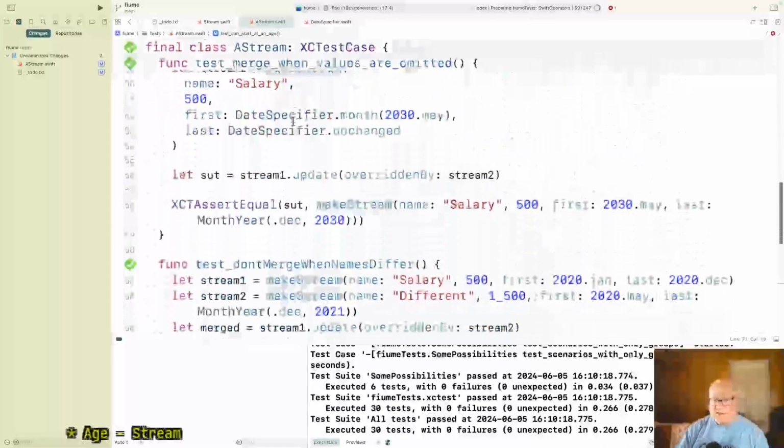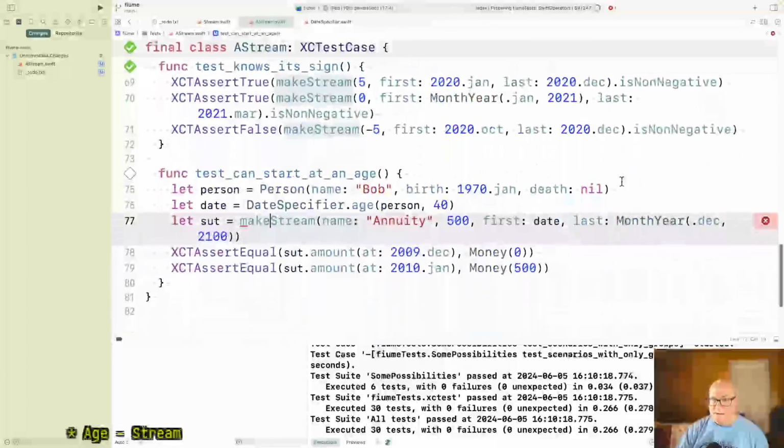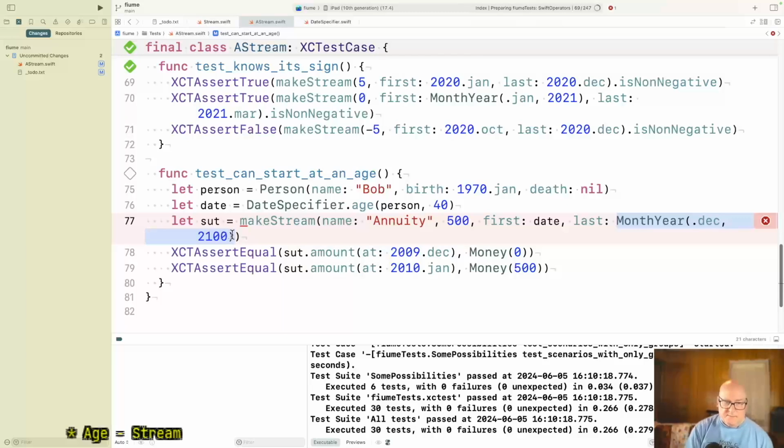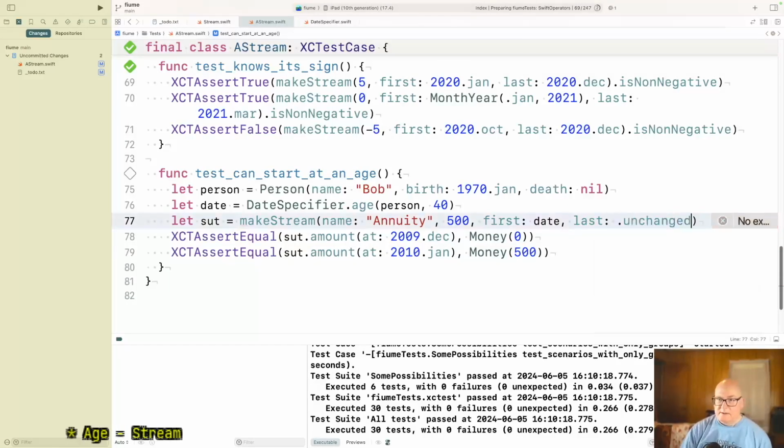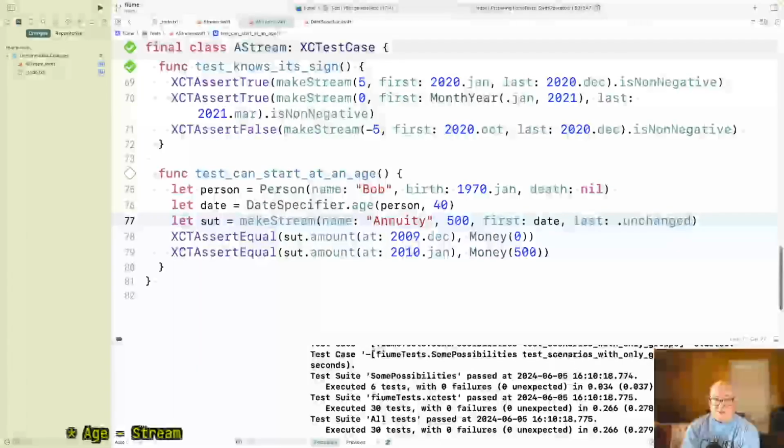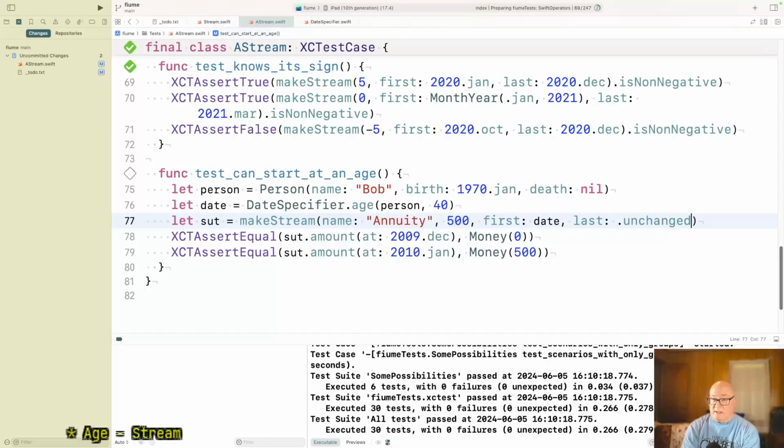Yes. Okay, so this one can be done unchanged. Okay, so we haven't specified an end date. Okay, so at age 39 and 11 months, I guess, he gets nothing, but starting at age 40, he collects. Okay, I think that's a test.